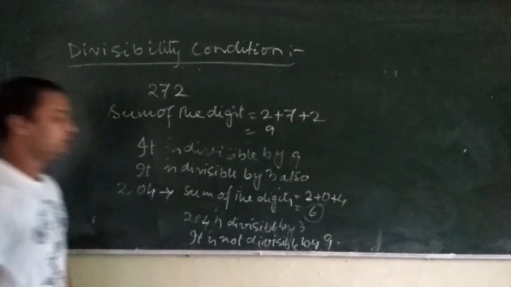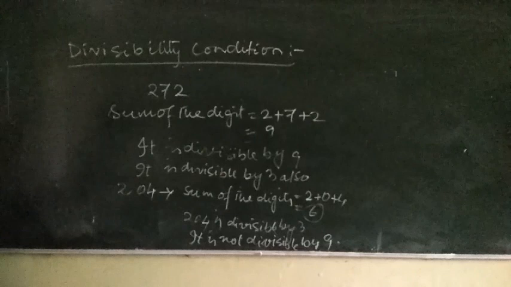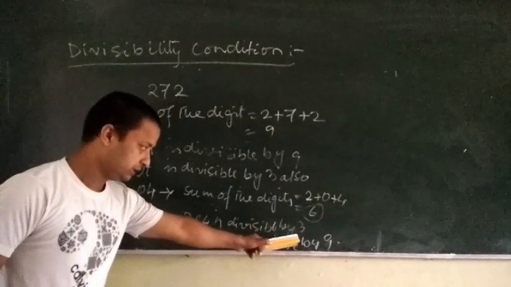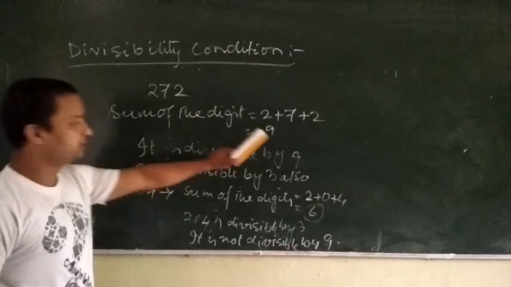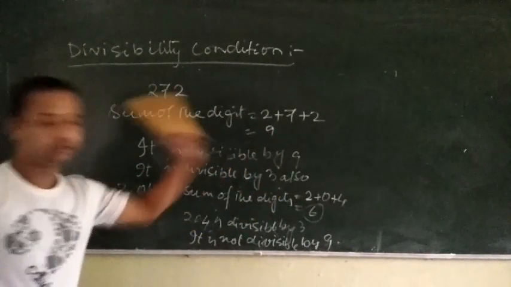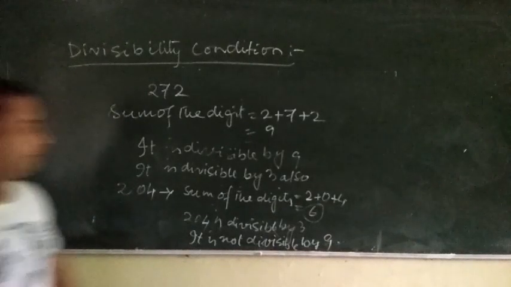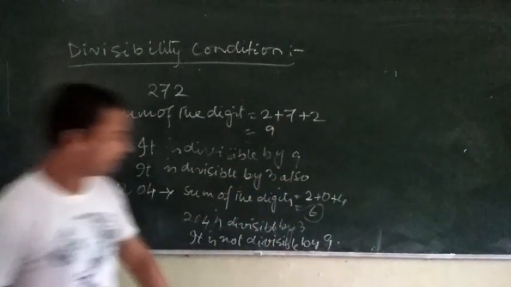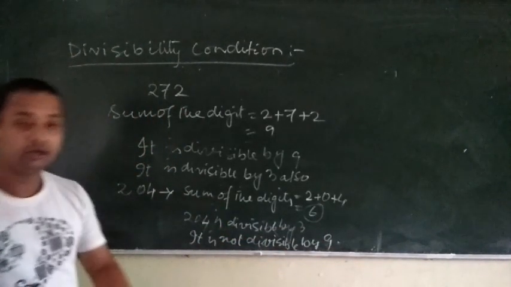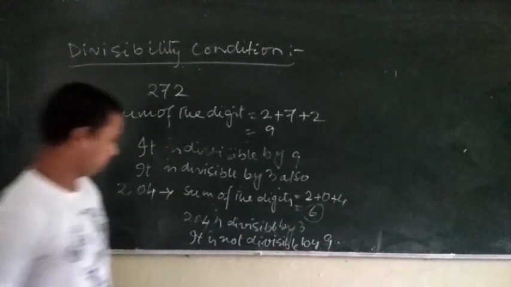Okay, so from this we can say that a number which is divisible by 3 is not necessarily divisible by 9, but a number which is divisible by 9 is also divisible by 3. Clear? जो नंबर 9 से डिवाइड होगा वो 3 से भी डिवाइड होगा, और जो नंबर 3 से डिवाइड होगा ये मैंडेटरी नहीं है कि वो 9 से डिवाइड हो.